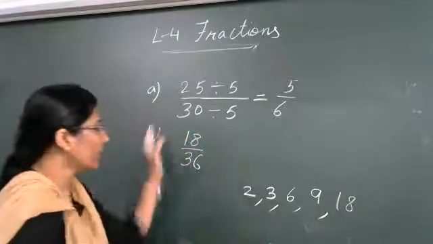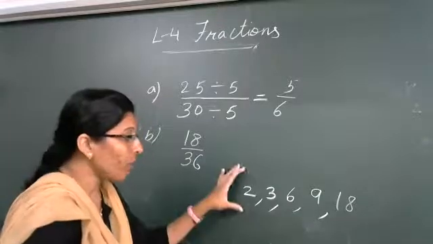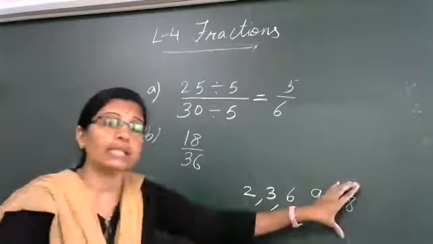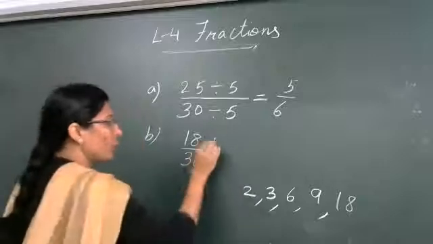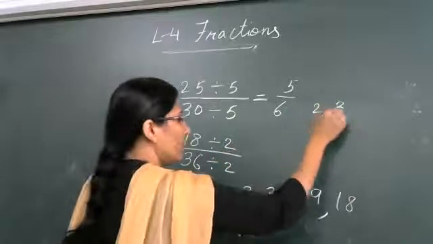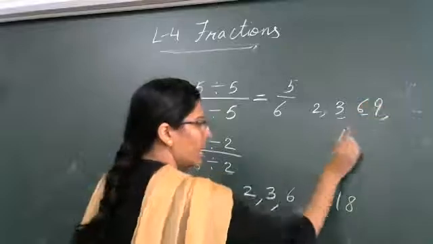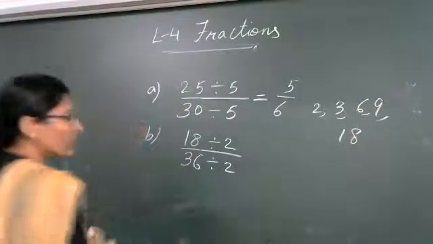These are the factors of 18 and 36. So, we can divide with all these numbers. First we'll divide with 2. I'll write here 2, 3, 6, 9 and 18. We can divide with all these numbers.